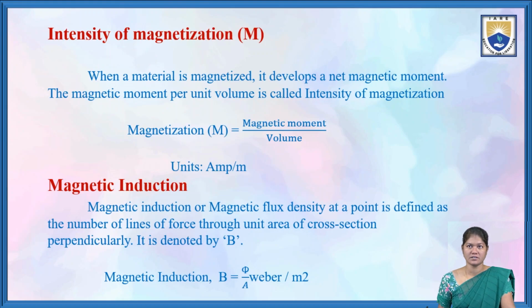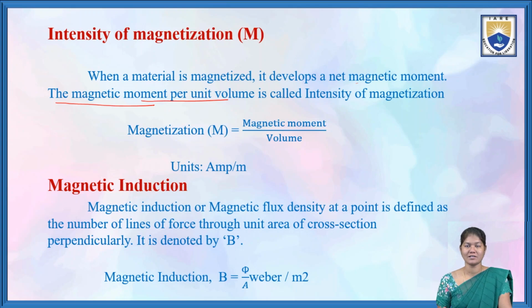Intensity of magnetization, which is denoted with the capital M. When a material is magnetized, it develops a net magnetic moment. The magnetic moment per unit volume is called intensity of magnetization.